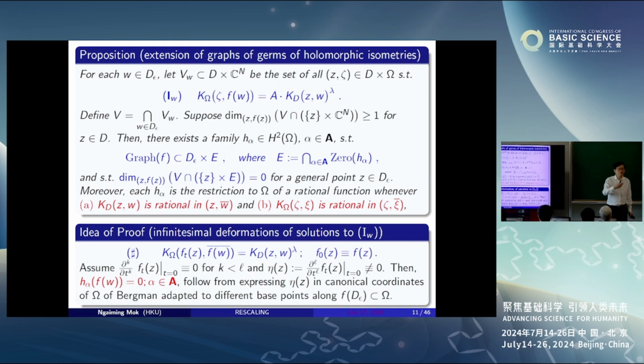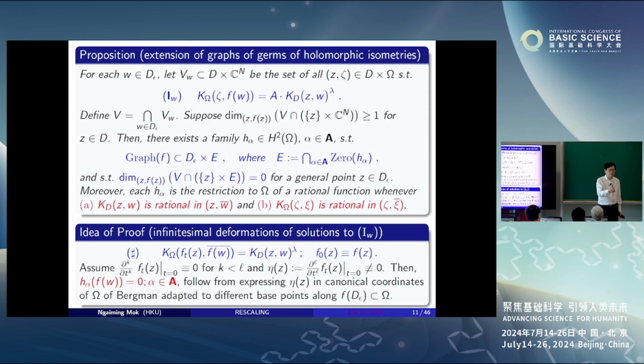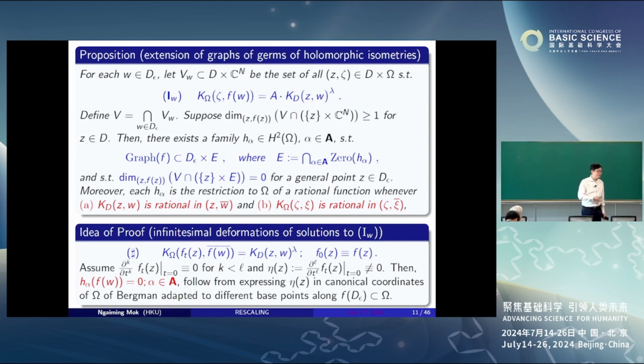And what is an extremal function? An extremal function is, as Bergman saw it, that you maximize the value of an L2 holomorphic function, and then you look at the orthogonal ones, and you maximize the derivative in various directions, and so on. In other words, whatever they are, they are derived from the Bergman kernel. So the extremal function is as good as the Bergman kernels.